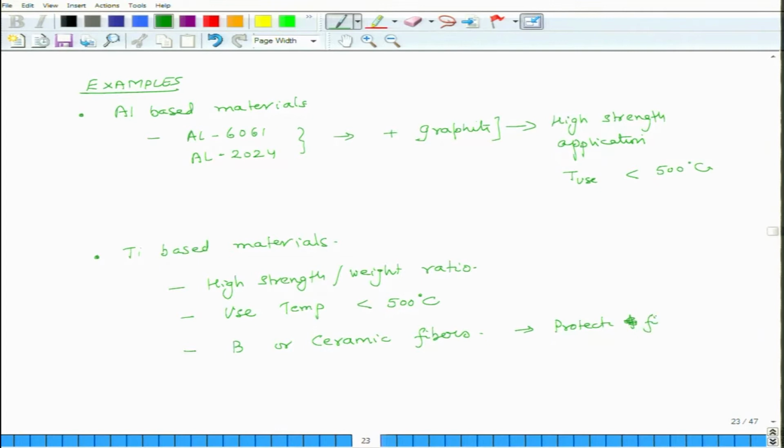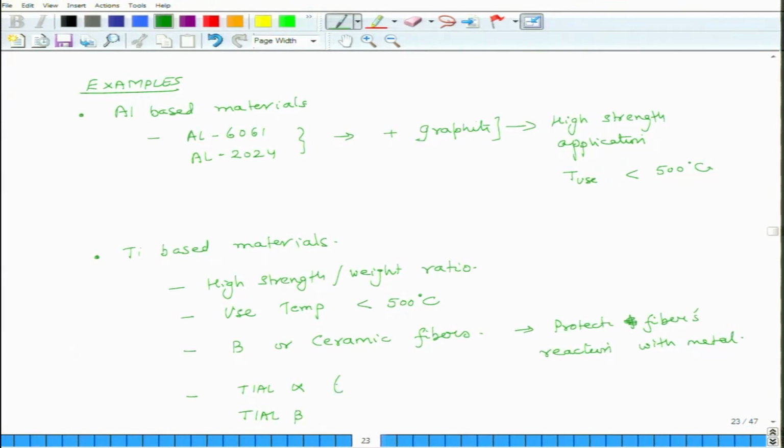Protecting fibers from reaction with metal is important. Two examples of these titanium based materials: you do not use pure titanium or pure aluminum, you use some alloy. One is known as TL alpha and the other one is known as TL beta.